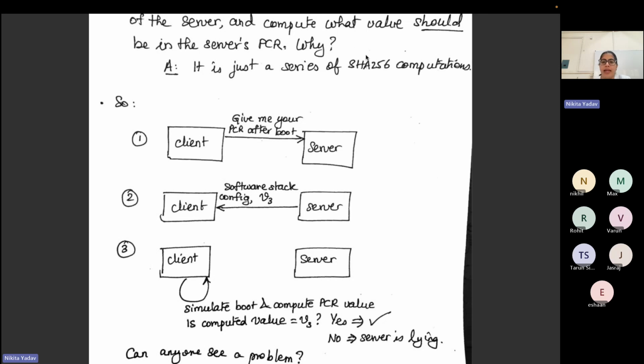So you can give it any size of input, like a 1 MB file, it will still compute a hash of size 256, and it doesn't need a key.